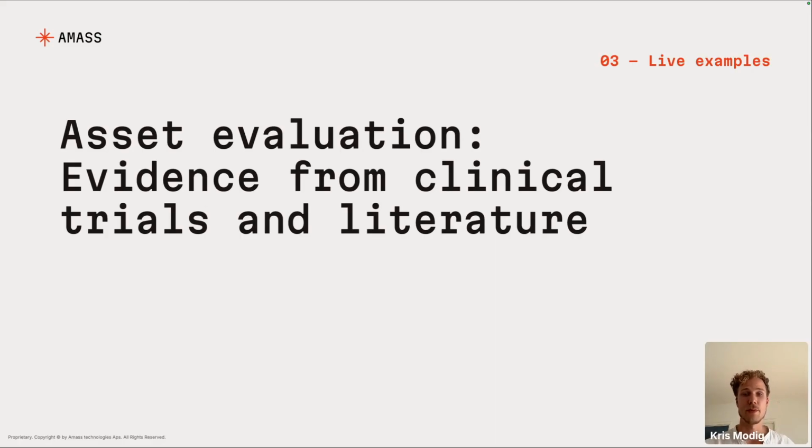So it's a biologic asset for Alzheimer's disease, targeting amyloid beta. It went through around a decade of trials, and it's developed by Roche, or not marketed actually, since it failed the phase 3 trials in 2022.